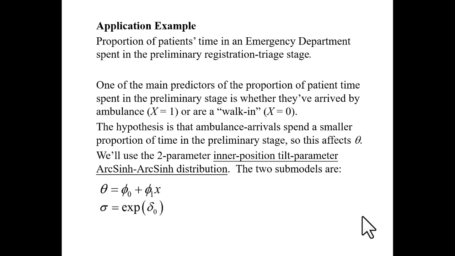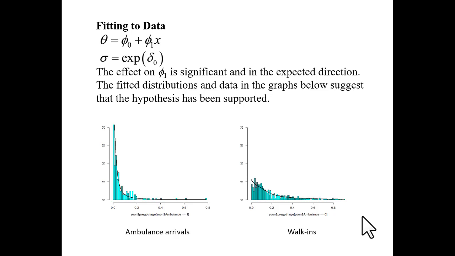In two submodels, theta has a term for x, the binary ambulance versus walk-in variable, and for sigma we're just going to have an intercept model. It turns out that the effect for x is significant on theta, and it's in the expected direction, and the fitted distributions in the graphs show that they're matching the data pretty well. The hypothesis has been supported.